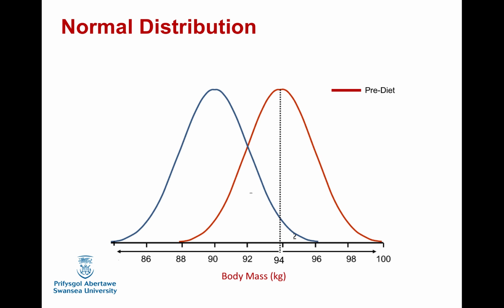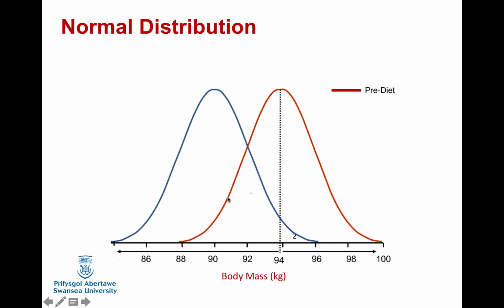Now, in quantitative inferential statistics, we're going to be interested in knowing whether there are differences between populations that we might be interested in. So the example I've given here is, imagine we're measuring body mass in a weight loss intervention.